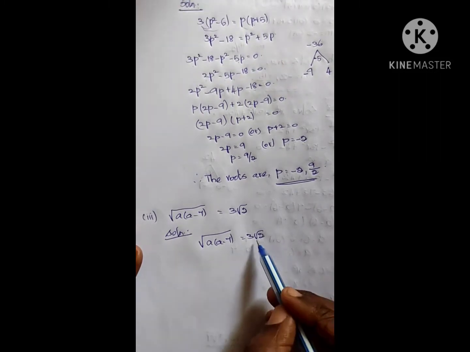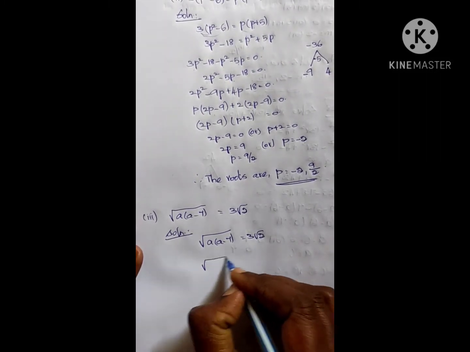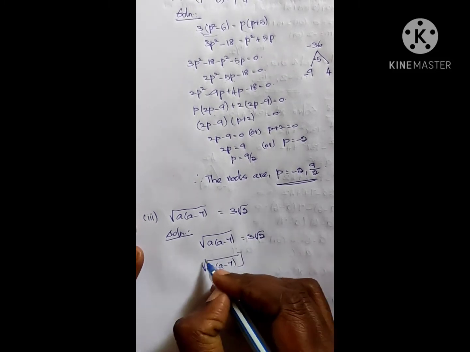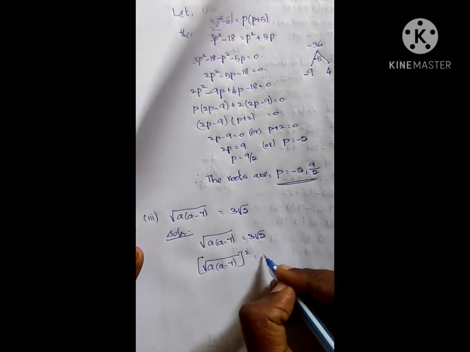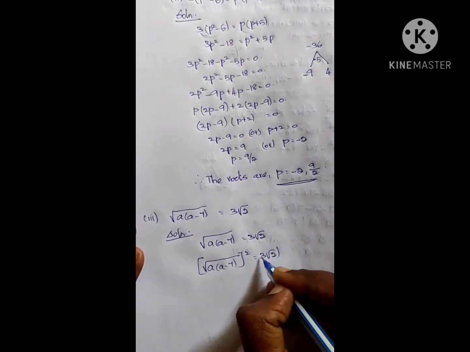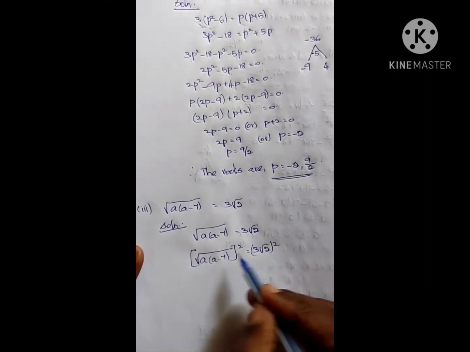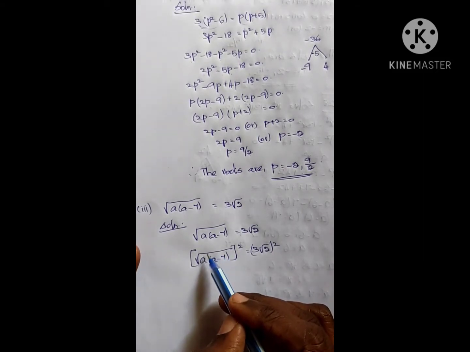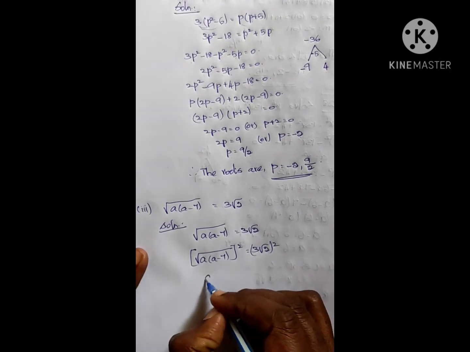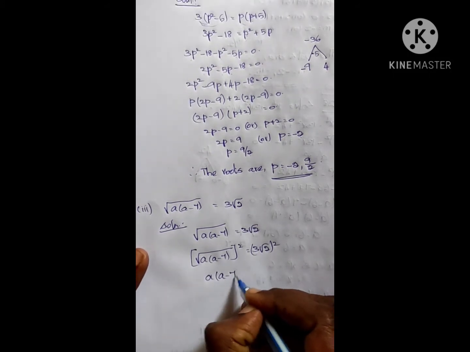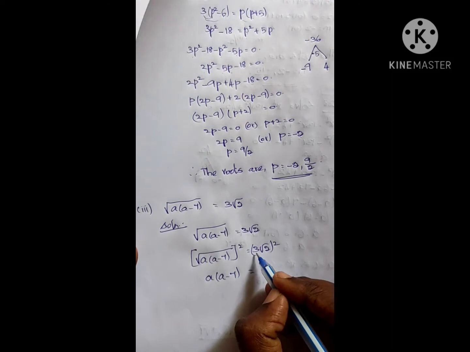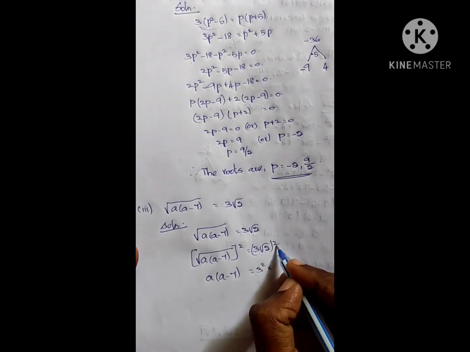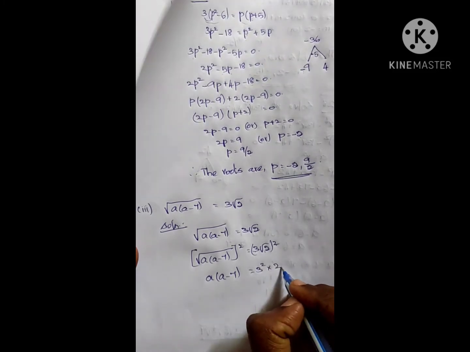Squaring both sides we get root of a into a minus 7 whole square equal to 3 root 2 whole square. While taking the square, this root symbol gets cancelled and we get a into a minus 7 equal to 3 square into root 2 square. Root 2 square is 2 only.